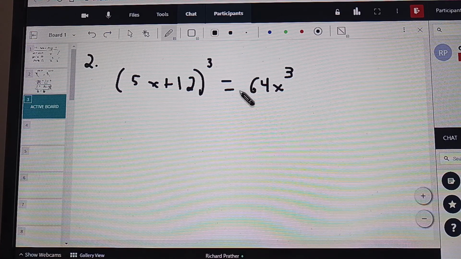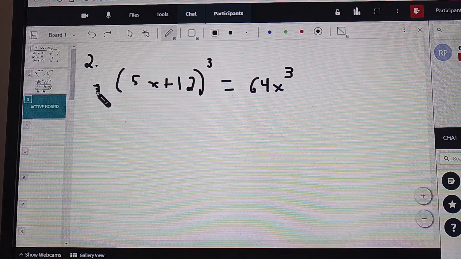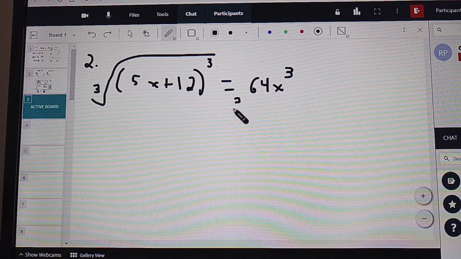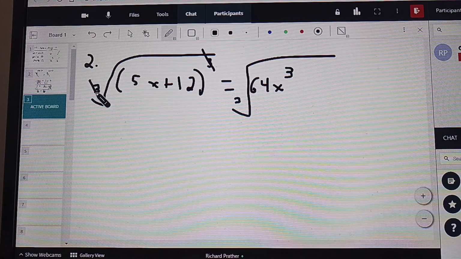So if there would have been parentheses around this, then in essence the exponents would cancel. One thing you could think of to say that they cancel, the reason they cancel is the opposite of a third power is a third root. So I could do a cube root of both sides. And this would make them both cancel. Then the power would cancel the root.